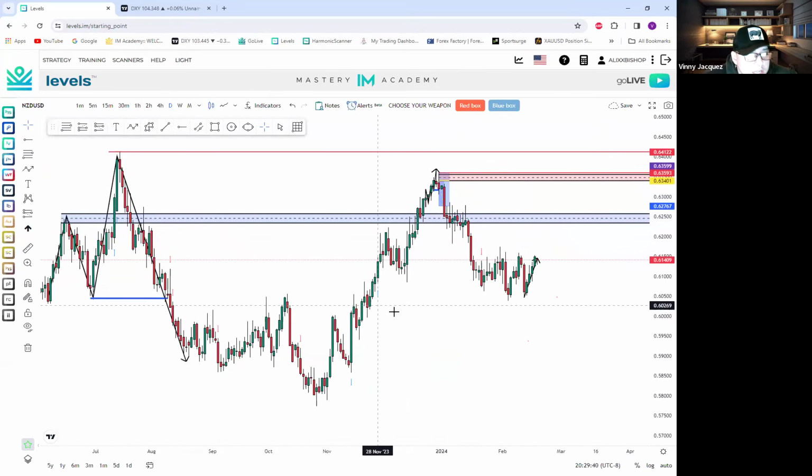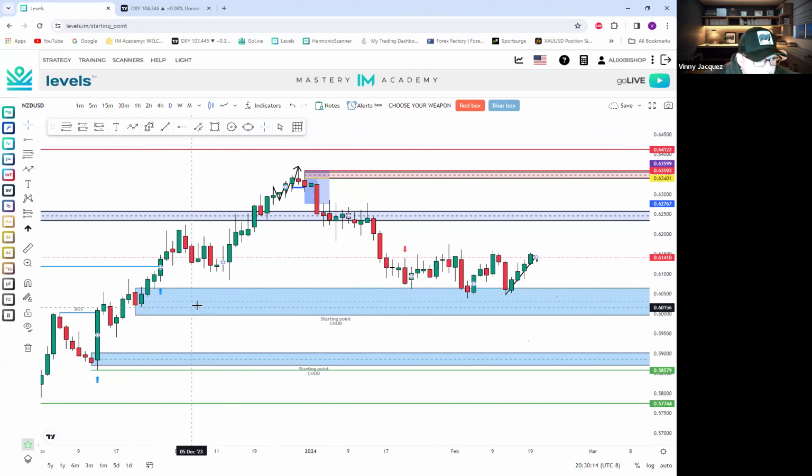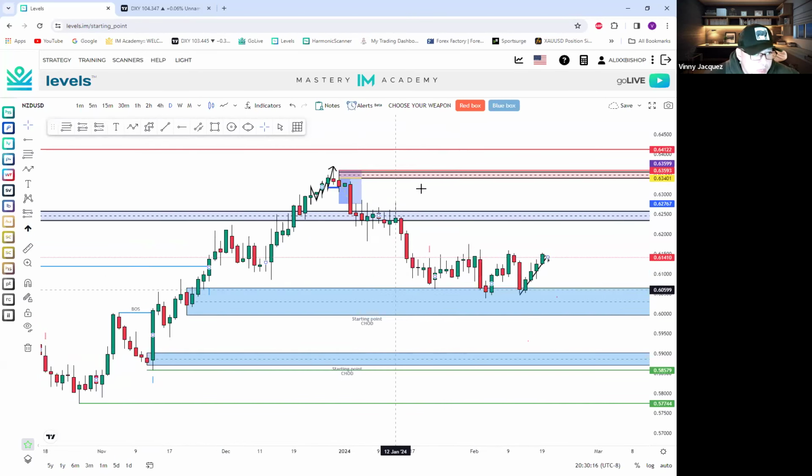All right. There's market structure here. I'm going to go ahead and use this starting point right here as a zone because levels is letting me know. Here's a blue arrow. Here's a blue box. You see how we're having trouble breaking below that zone? That's also a good partial zone right there. That whole candle.